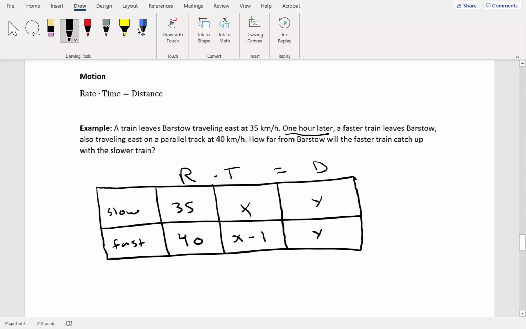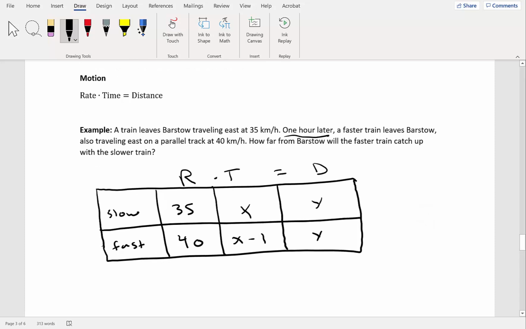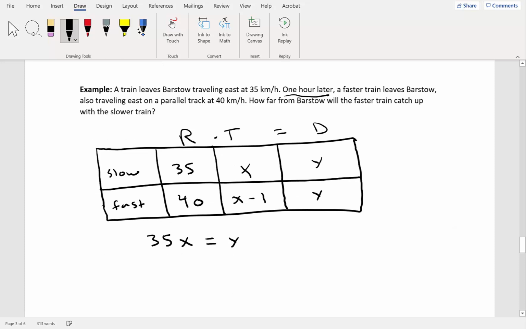Now let's go ahead and set up our two equations. So we have rate times time equals distance. So we have 35 times x has to be equal to y. And then we have 40 times x minus 1 has to be equal to y as well. So we have our two equations.